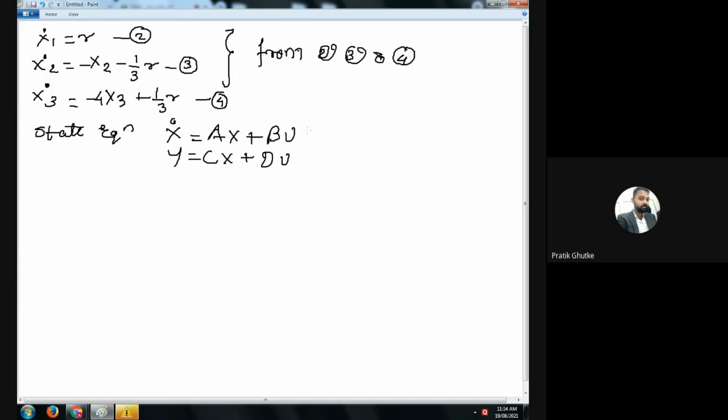This is my state equation, input and output. So now writing this state equation, here it would be x1 dot, x2 dot, and here x3 dot.